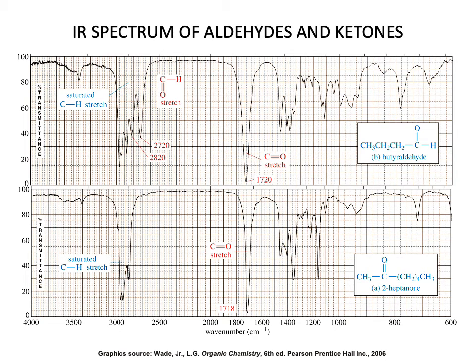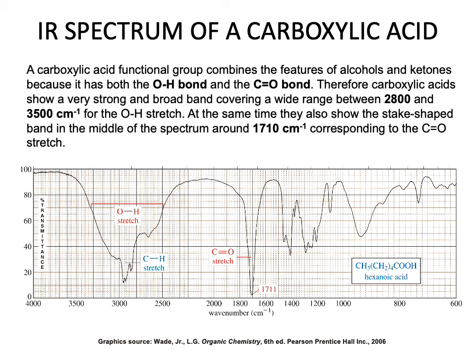For the aldehyde, we also have a stretching for the CH bond, but that stretching is not appearing for ketone. For carboxylic acid, we also have a broad stretching for OH, as you see, and also we have the stretching for the CO double bond.